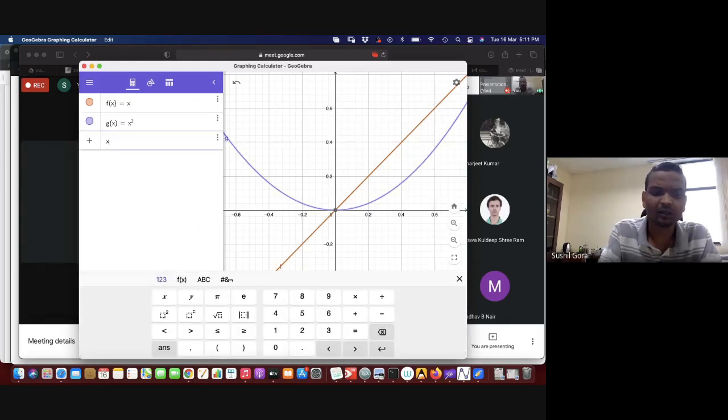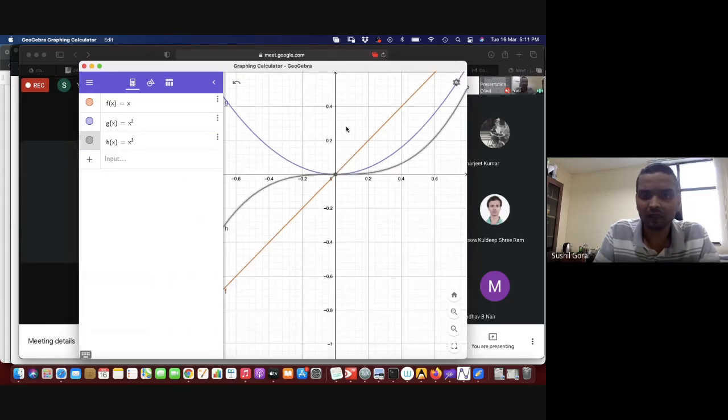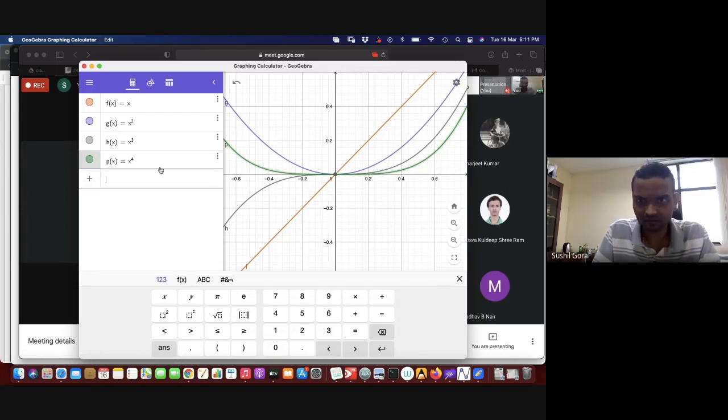Similarly, if you look at x cube, you know these things already, but I'm repeating this because this is the model for the behavior. Mainly these two. I'll put x to the power 4 also.